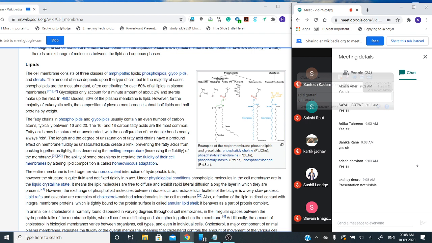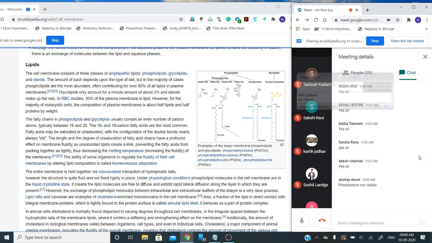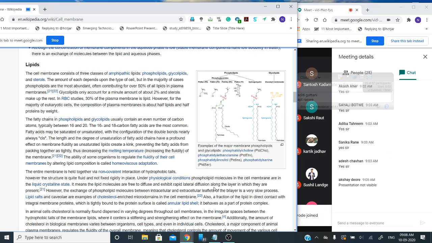You might have seen rafts in various rivers, or you can check images or videos. We say it is water rafting, where small single-person boats in water are called rafts. Similarly, lipid rafts and caveolae are examples of cholesterol-rich microdomains in the cell membrane.